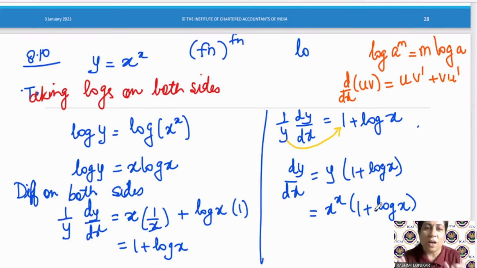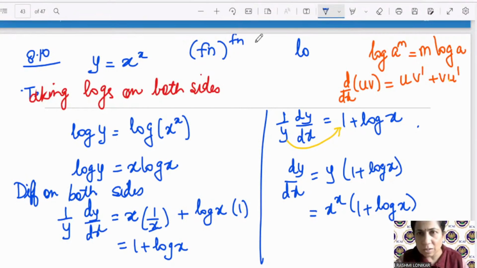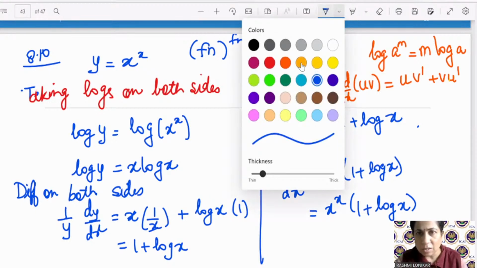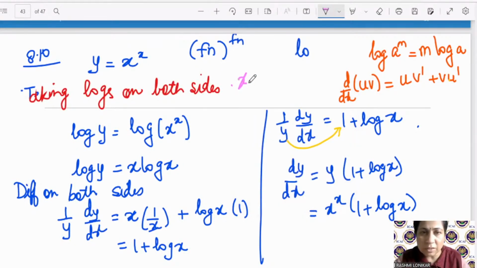I hope you've understood that whenever you have a little complicated sum like this, function raised to a function, then I will take logs. Remember that you don't have to do this always. Suppose my function is x raised to 5.